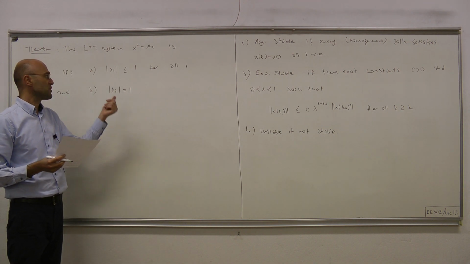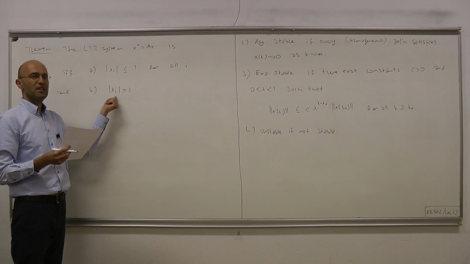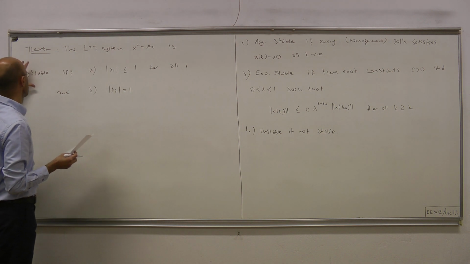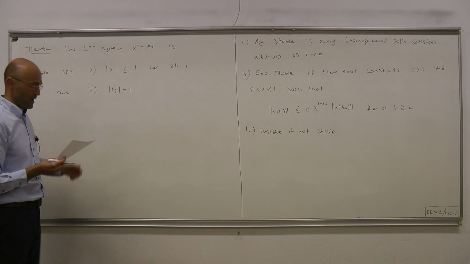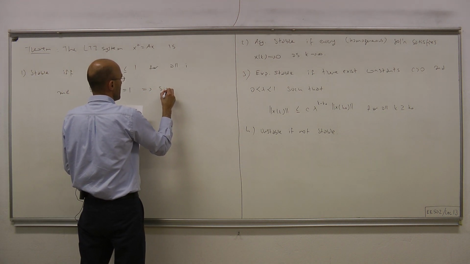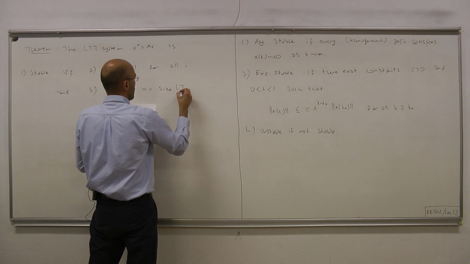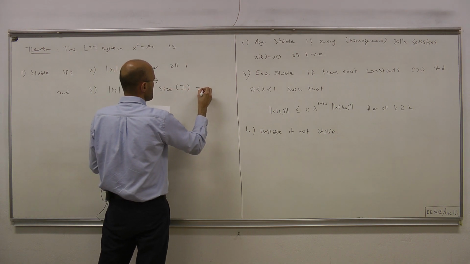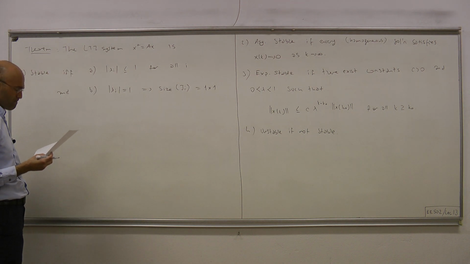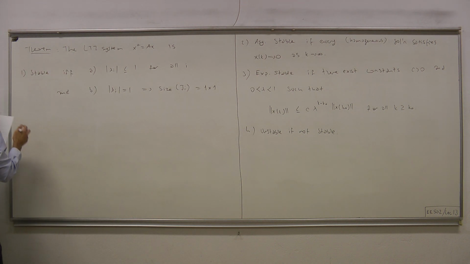If all the Jordan blocks for eigenvalues satisfying this property are of size 1 by 1, then your system is stable in the sense of Lyapunov. This implies the size of the corresponding Jordan block is 1 by 1.